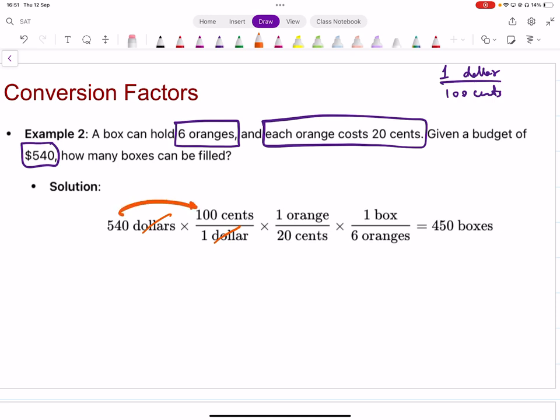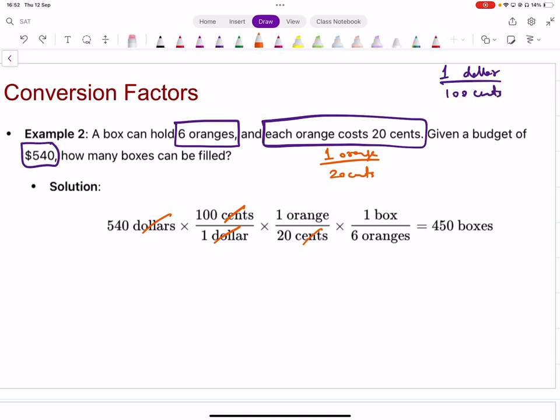Is that okay? Then we have 1 orange to 20 cents. We need to cancel out cents now. So cents is in the denominator now. Cents and cents, these get cancelled. Is that okay? And now we have the number of oranges.